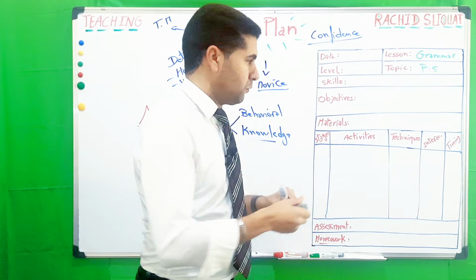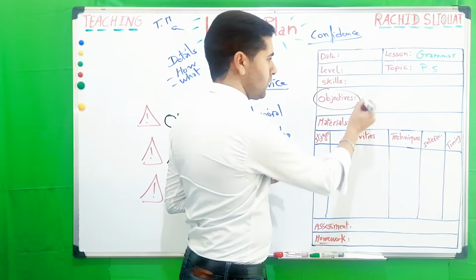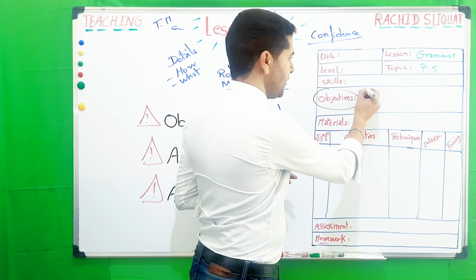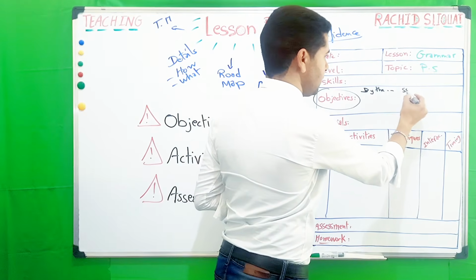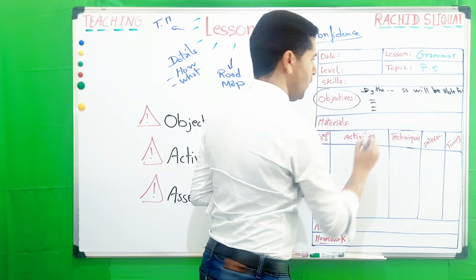So the objective is what we talked about before. And when I say the objective, it's better to start with, for example, by the end of this lesson, students will be able to, and then write your objectives.